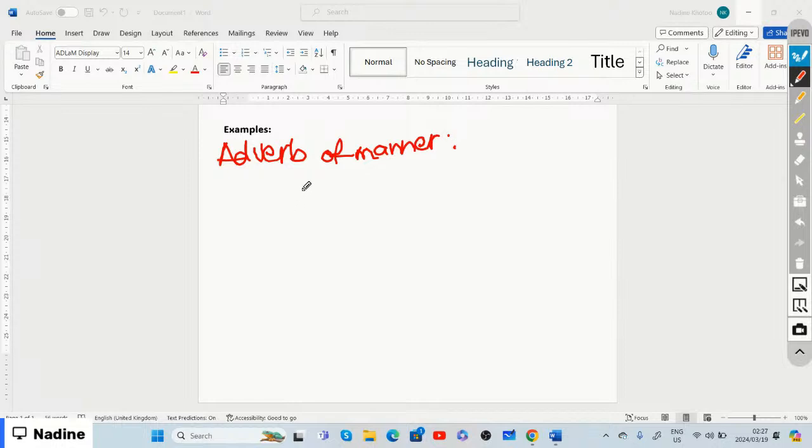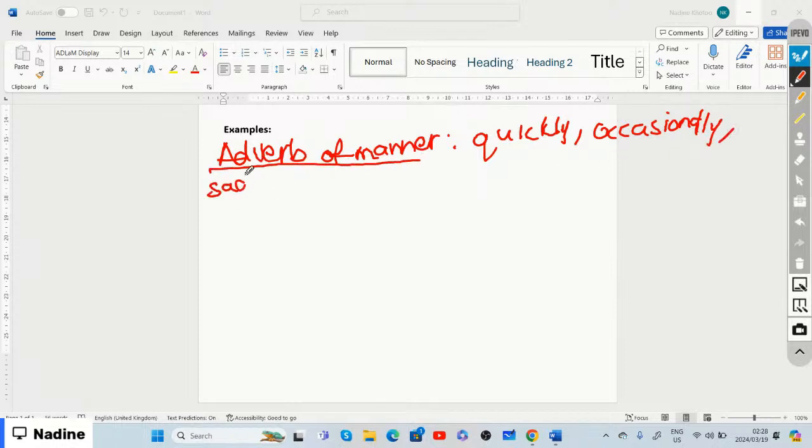If we look at a few examples of adverbs of manner, we can use words like quickly, which I've been mentioning, occasionally, sadly, right?